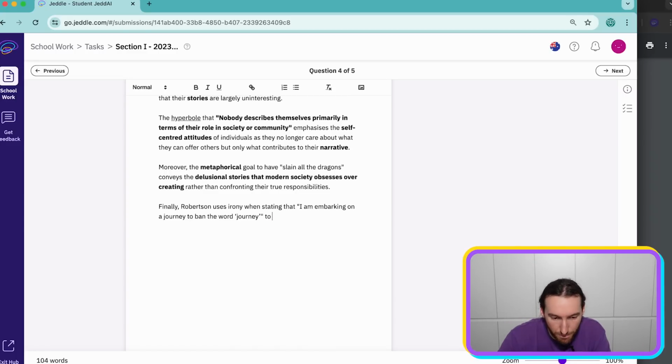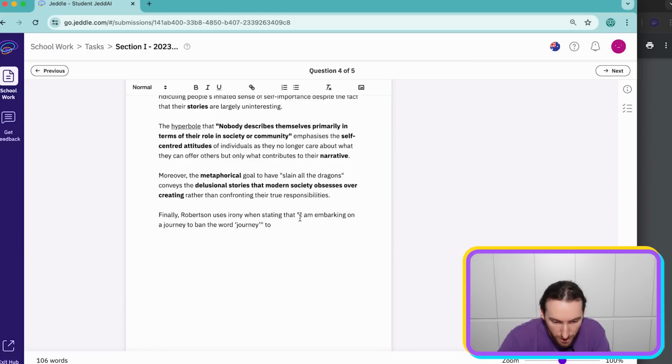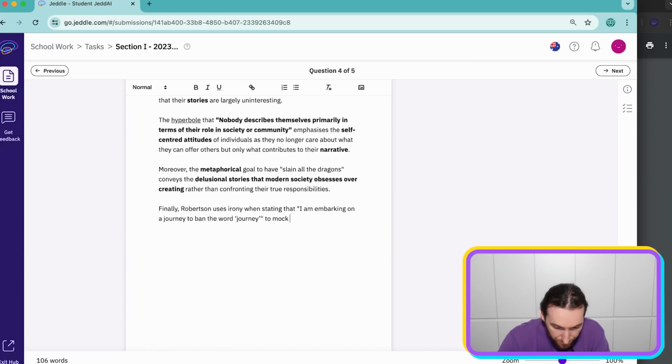Why is he doing that? To mock, unless we've already said mock, to mock the stupidity of focusing on personal journeys as opposed to more significant goals in life.